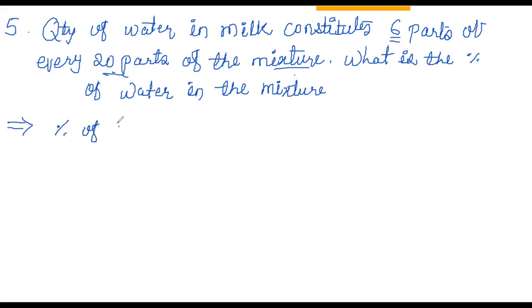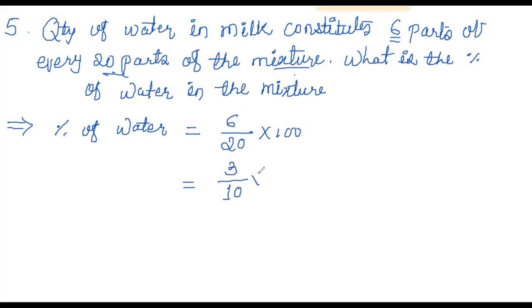Percentage of water in the given mixture is equal to 6 out of 20 into 100, which is equal to 30%. So there is 30% water in that given mixture.